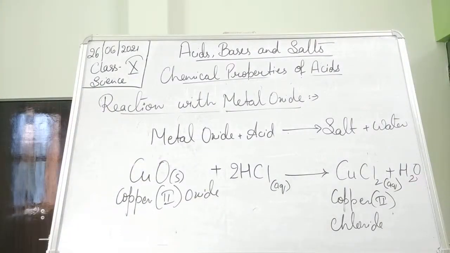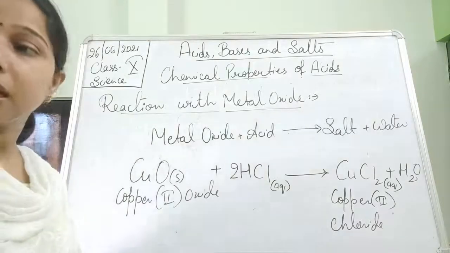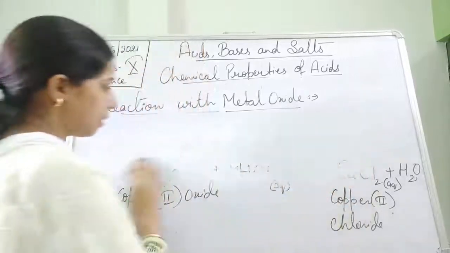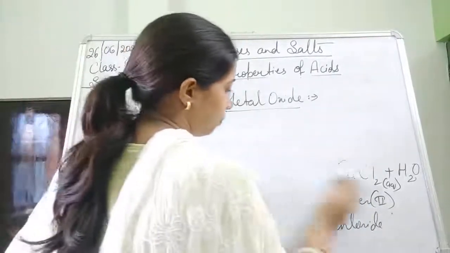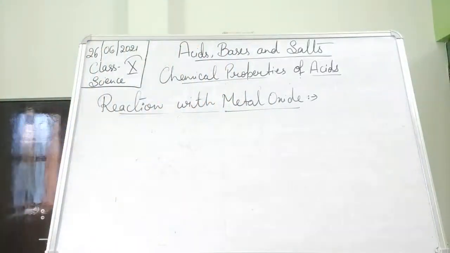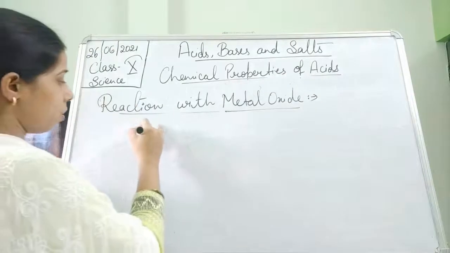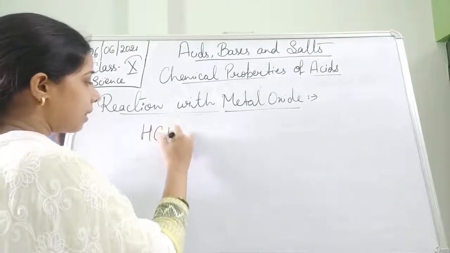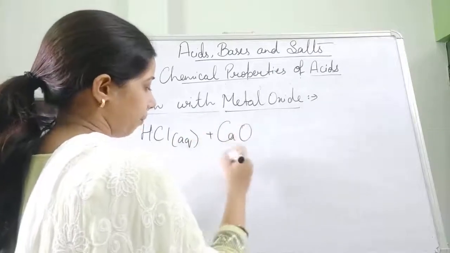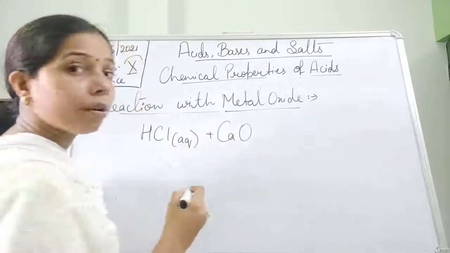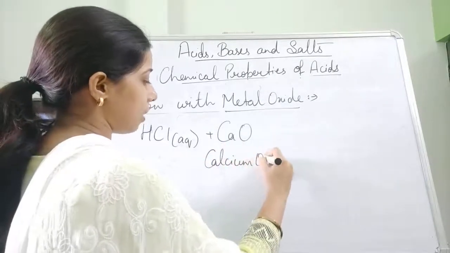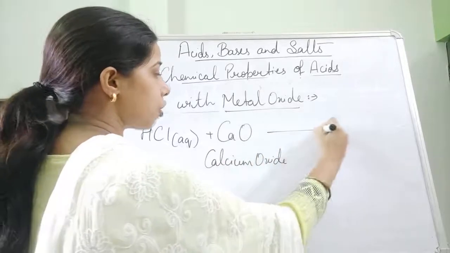We can take another example, students, like the reaction of other metals, with calcium oxide. So HCl aqueous reacts with calcium oxide. Calcium oxide is also called quicklime.